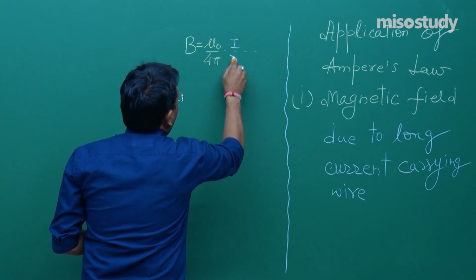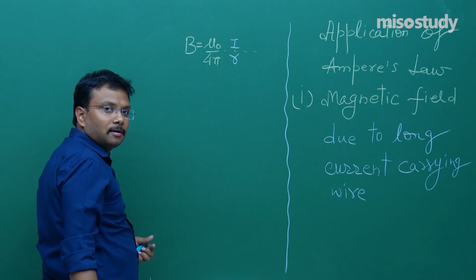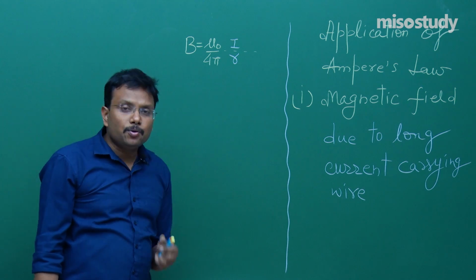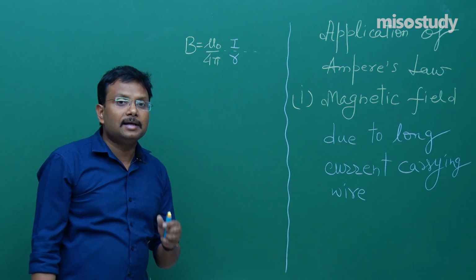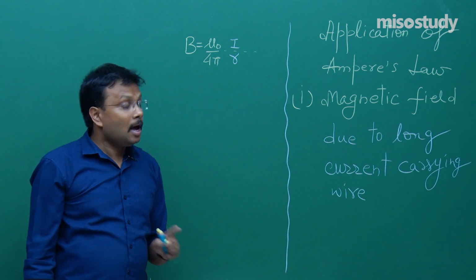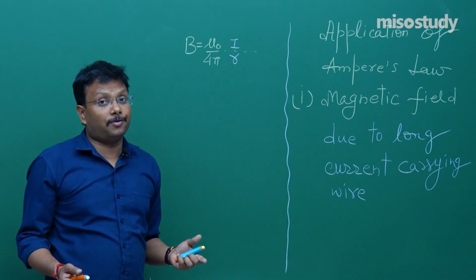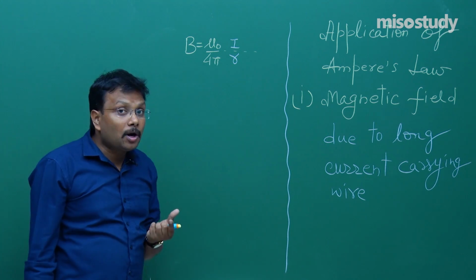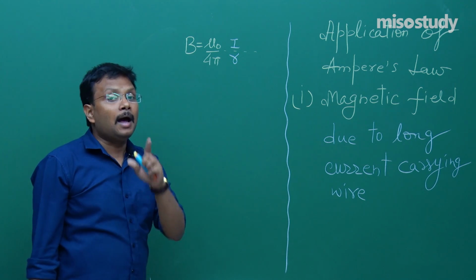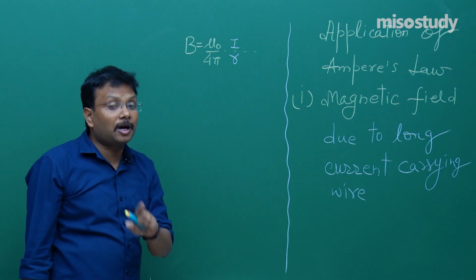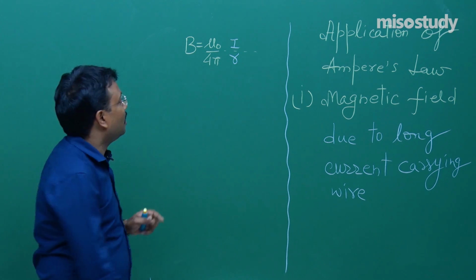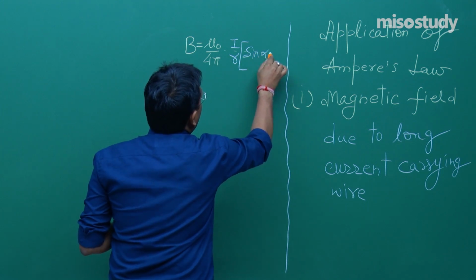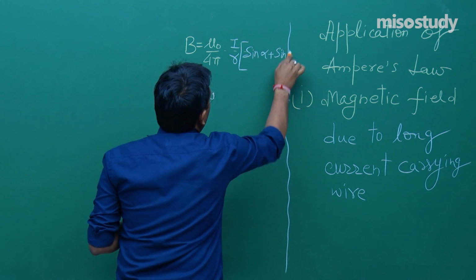Let us consider this situation, that is I by R. The exact formula is B is equal to mu naught upon 4 pi I del L sin theta upon R square. But here we are trying to find out this value. So, mu naught upon 4 pi I upon R. I upon R means current in the conductor and R is the distance of the point from the current carrying conductor. Simple. So, within bracket once again sin alpha plus sin beta.